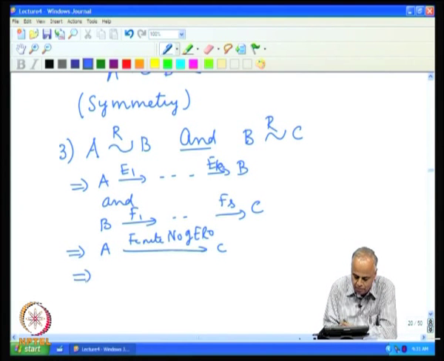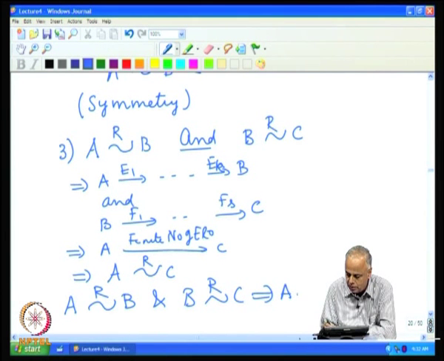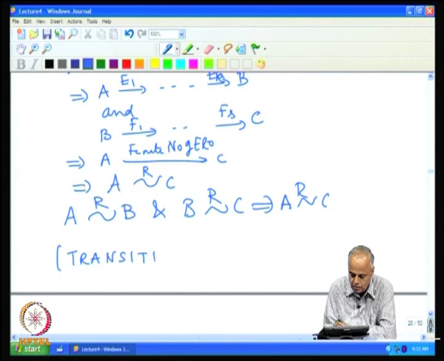So, since I can go from A to C by a finite number of EROs, it follows that A will be row equivalent to C. So, the conclusion is, if A is row equivalent to B and B is row equivalent to C, then A is row equivalent to C. This is called the transitivity property of row equivalence.